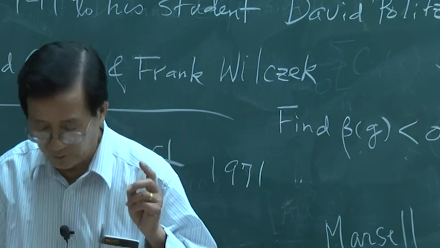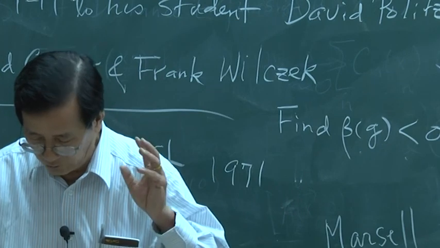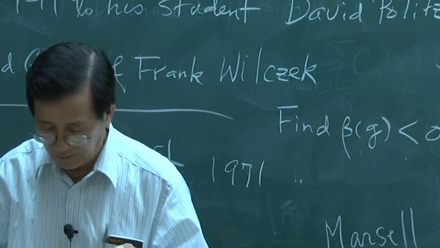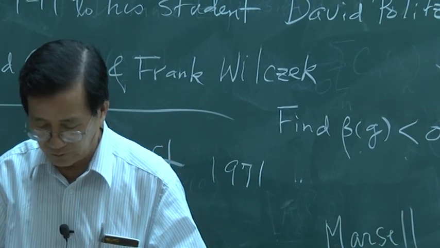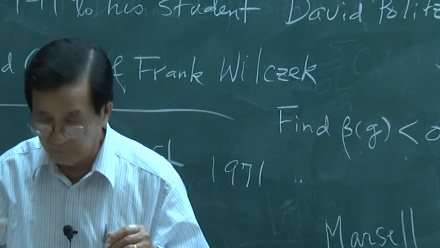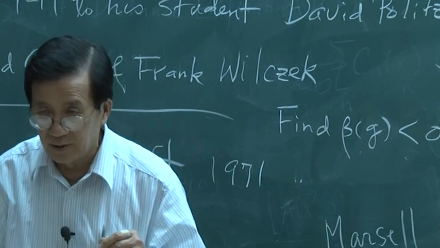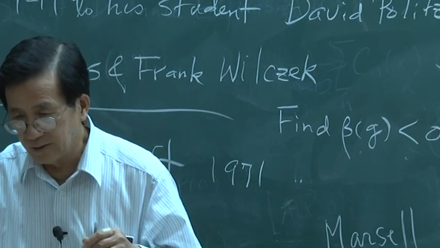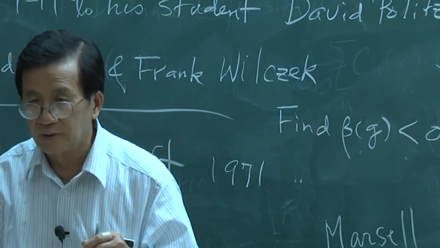The other was that he was totally focused on weak interaction, trying to find renormalization of the weak interaction and so on. So he did not pay attention to strong interaction. So he was not aware that in strong interaction, there is such an important problem.